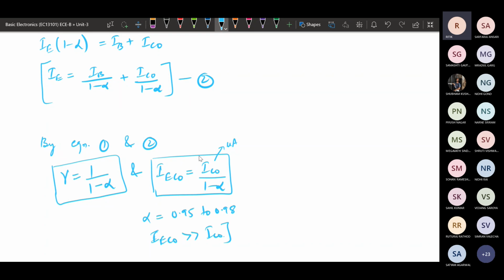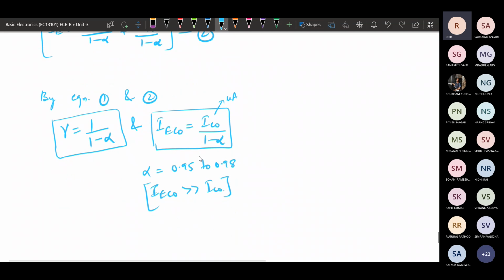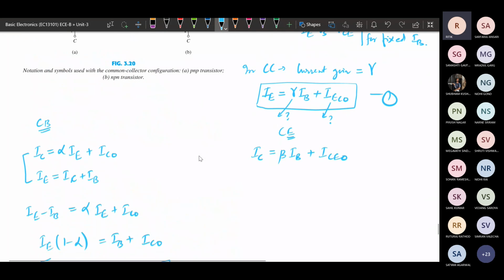This we can correlate from here. This relation is similar to the expression that we derived in the common emitter case.